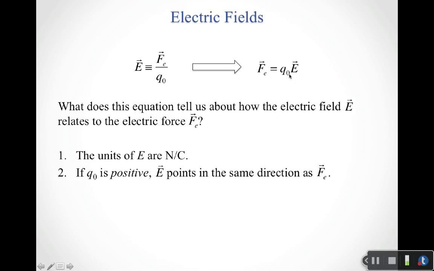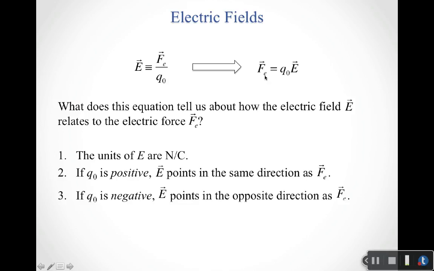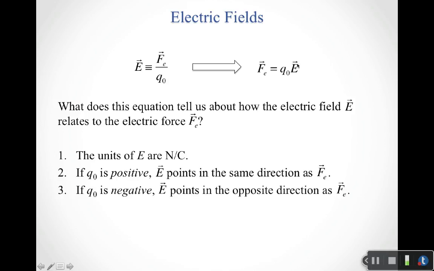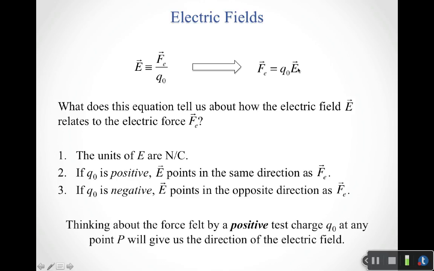So if we use a positive test charge Q naught, then the electric field has to point in exactly the same direction as the electric force. If, on the other hand, Q naught were negative, then the electric field would point in the opposite direction from the electric force. That negative sign would cause these two vectors to point in opposite directions.